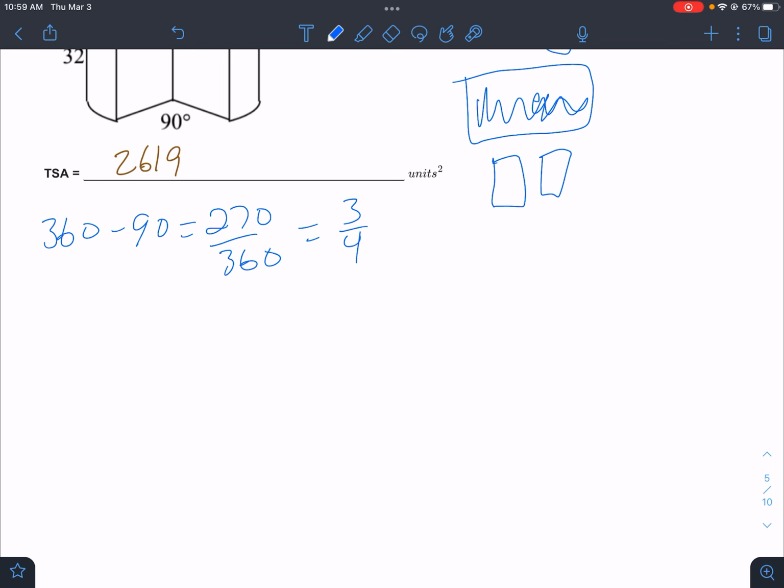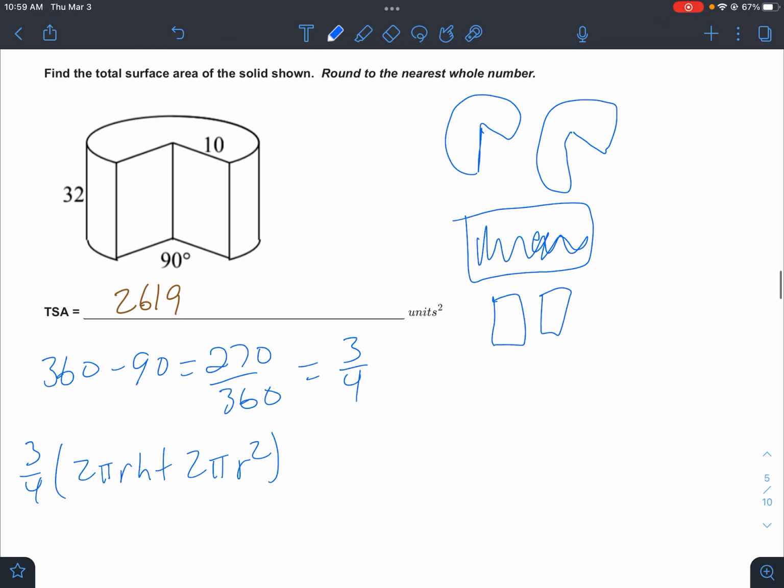So my plan is going to be not 3 times, but 3/4 times the total of a cylinder. The total of a cylinder is 2 pi RH plus 2 pi R squared. That'll give me all of the pieces that were on the original cylinder.